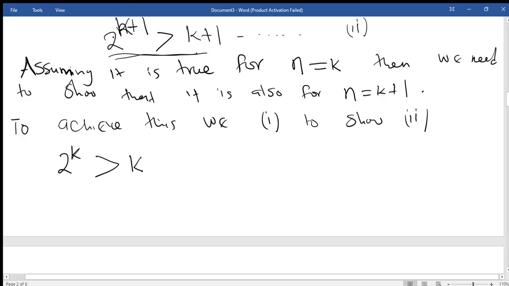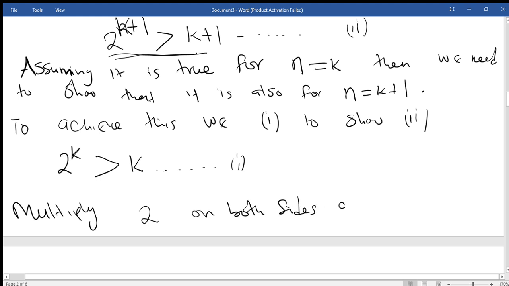So for me to have a k plus 1 here, what do I do? We are going to multiply 2 on both sides of equation 1. Because when we multiply by 2 on this side, I'm going to have 2 times 2 power k. I'll use the properties of indices to sum up the powers to have k plus 1.